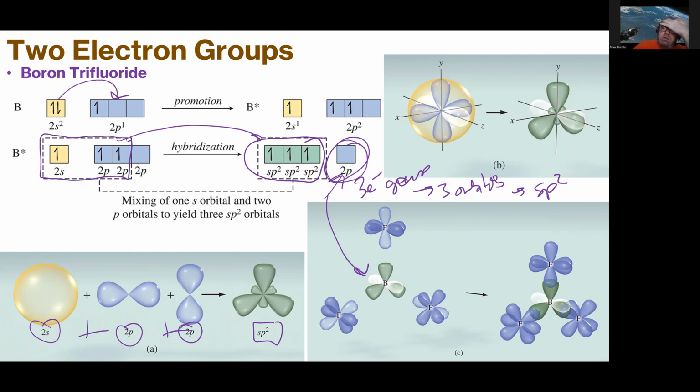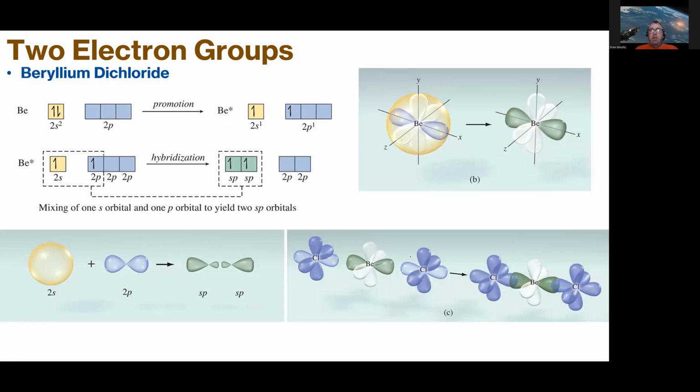You can see we can overlap boron and fluorines this way, and we have trigonal planar, and this is all hunky-dory. Okay, if we have 2 electron groups, this is beryllium dichloride, BeCl2. It's the same idea, except now we have 1 less electron. So one of these electrons gets promoted up. Okay, we're going to mix together 2 orbitals to get 2 sp orbitals out. Remember, so 2 electron groups.